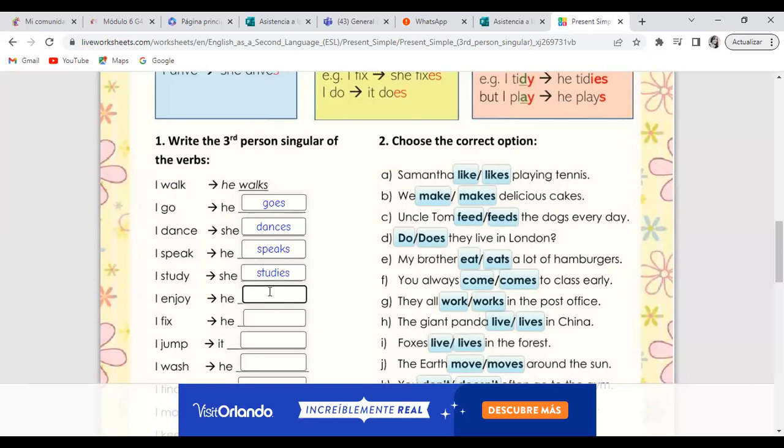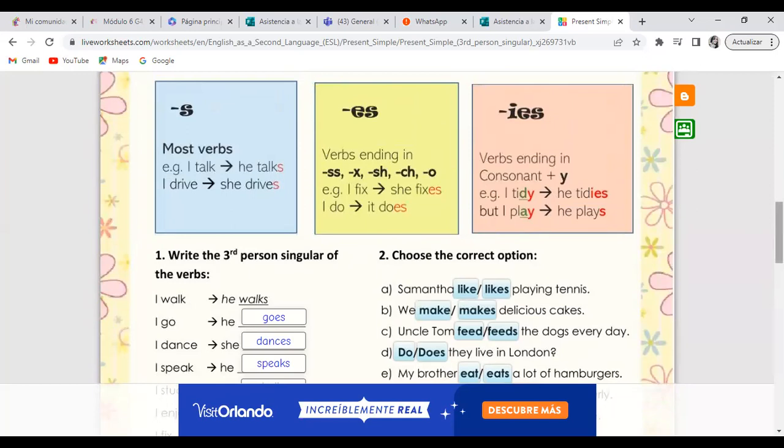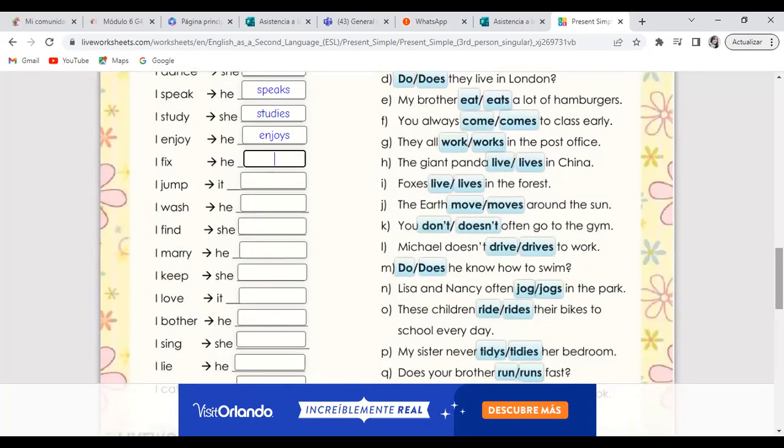Then enjoy. Enjoy ends with a Y, but before a Y there is a vowel. So we only add S. Enjoys. Fix. We saw fix in the example, so fixes, all right? He fixes his car. Jump. My cat jumps very high.